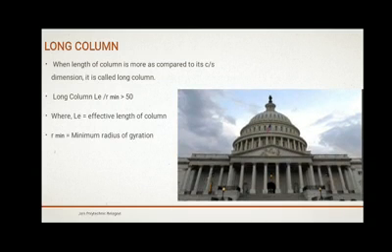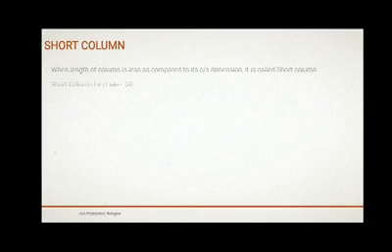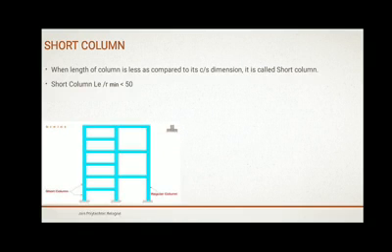In this figure you can see long columns. Short columns. When the length of the column is less as compared to its cross-section dimension, it is called a short column. That is, LE by r minimum should be less than 50. Here in this figure you can clearly understand the difference between a regular column and a short column.